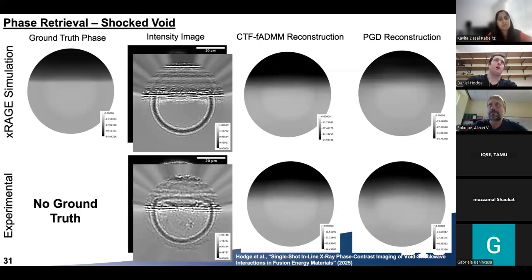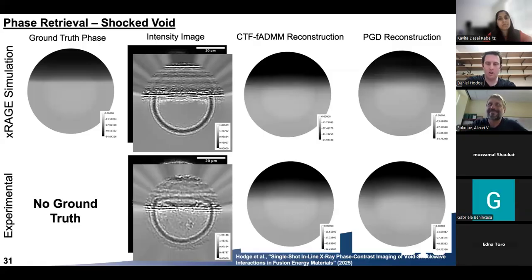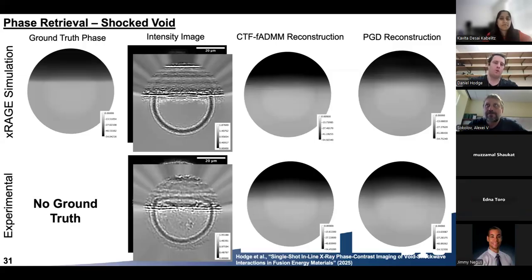For the image processing, no. But for the phase retrieval, I have tried unsupervised machine learning techniques, which did not turn out to do super well. Also, it would be really hard to do training for supervised machine learning, because X-Rage takes a really long time to run for even a single sample.